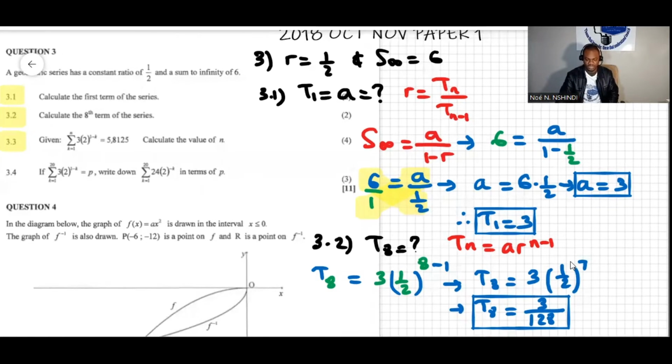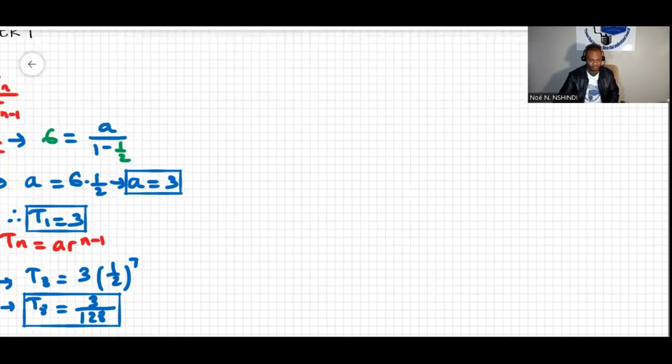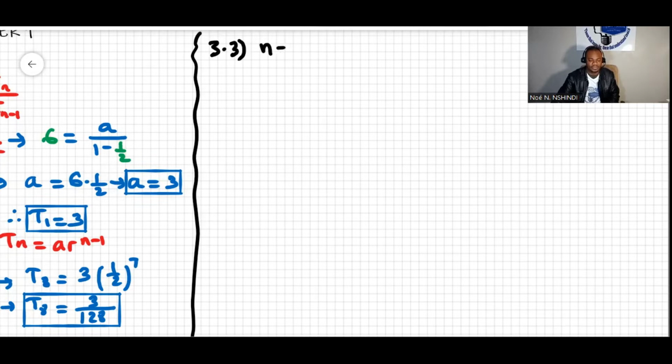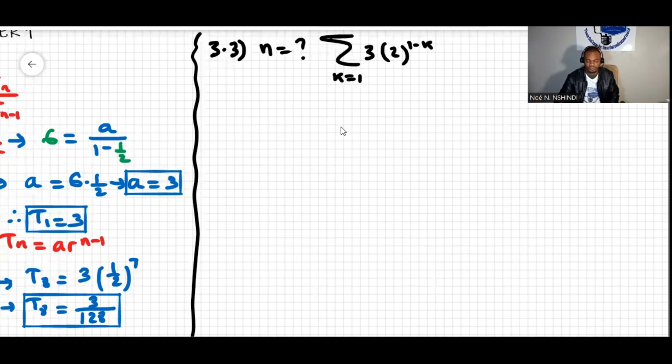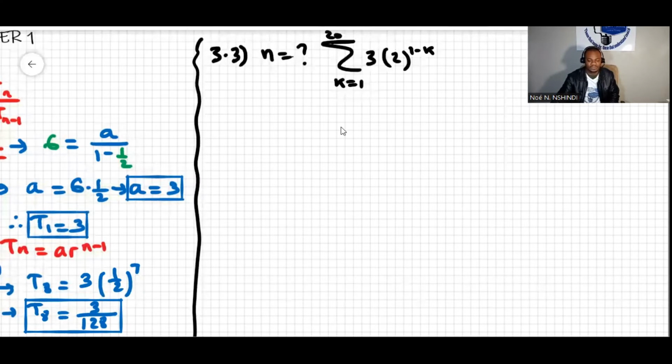I prefer to move my board this way. So for question 3.3, we're looking for n here, and it's given that the sum of 3 times 2 to the power of 1 minus k, k starting from 1 to n, equals 5,8125.